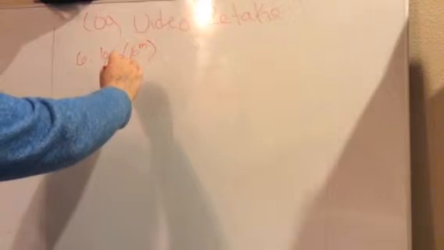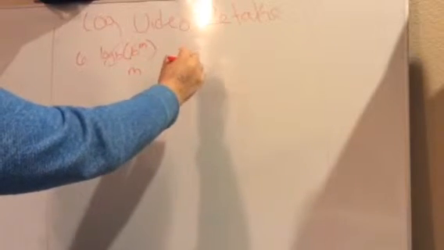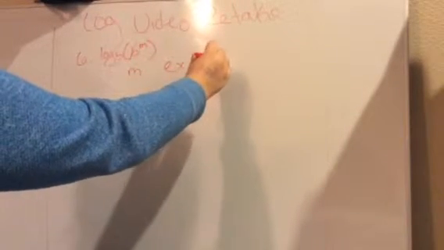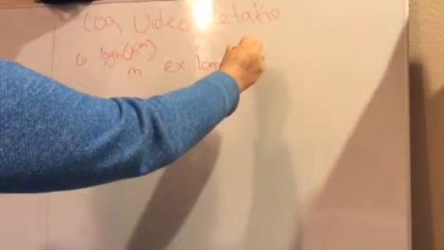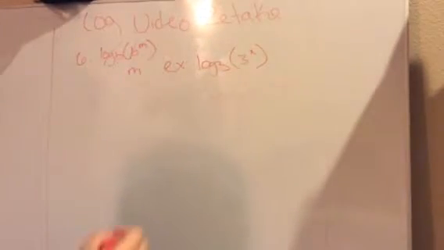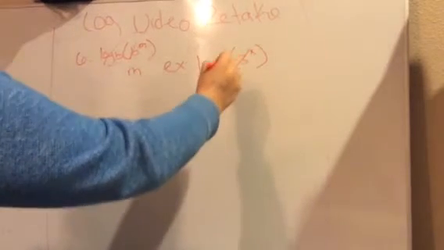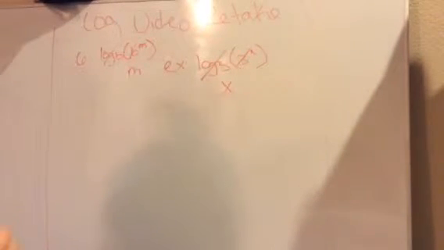And you would cross out log of b because the bases are the same, so it's just equal to m. So an example, log of 3 and then exponent of x. So these are the same, so it's just equal to x.